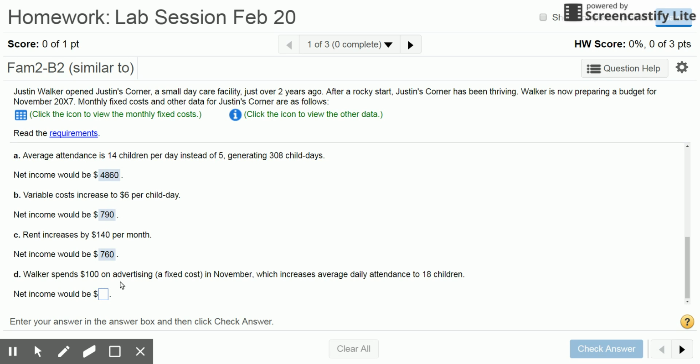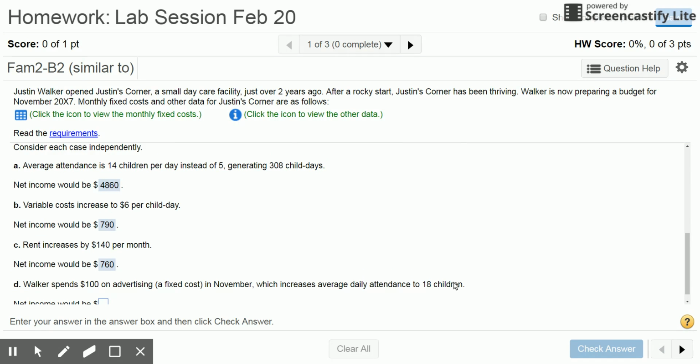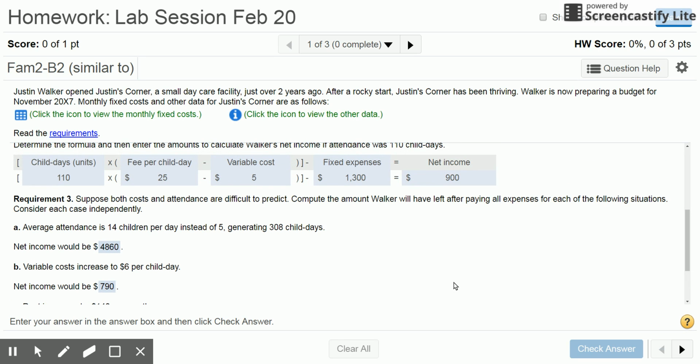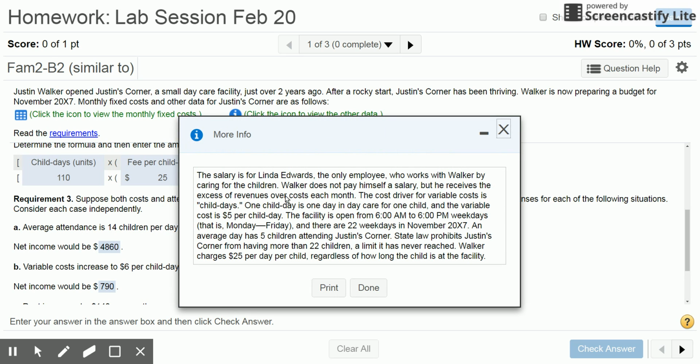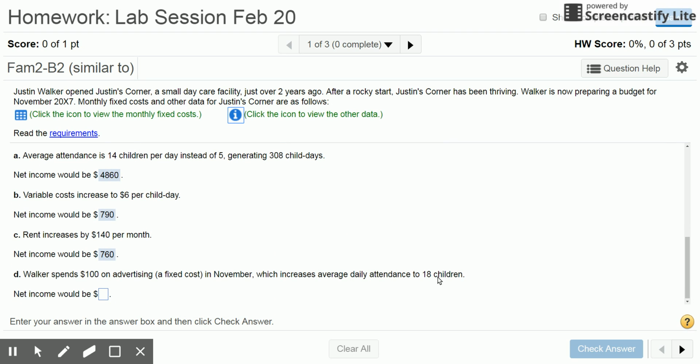Walker spent $100 on advertising, a fixed cost in November, which increased average daily attendance to 18 children. So this one we have two changes. We have the changes in child days and we have changes in the fixed expenses. So how many days this month has? It says 22 weekdays in November. And the average goes up to 18.